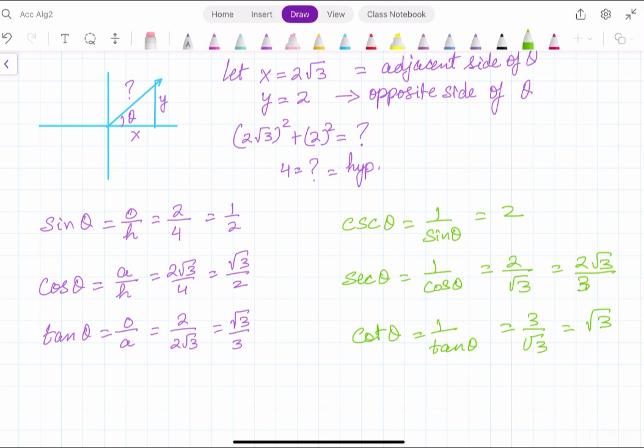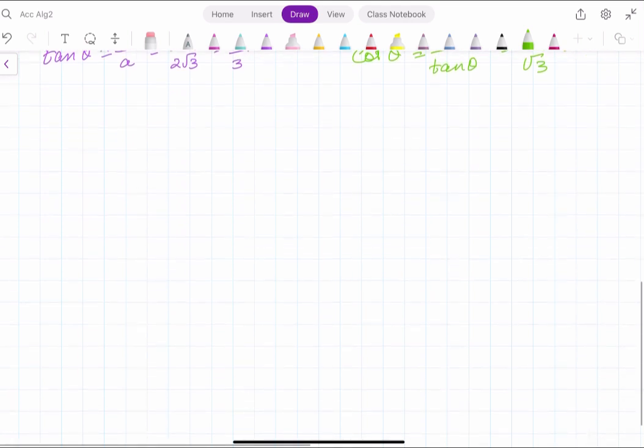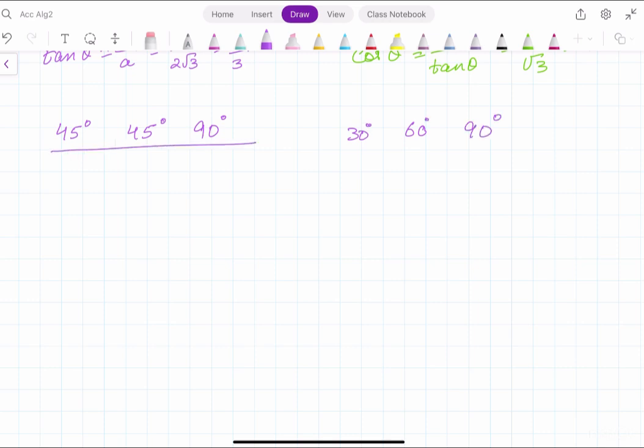Now, keeping that in mind, we need to use the trig identities. Before that, let's go back and discuss the special right triangles. You have done 45, 45, 90 and 30, 60, 90 triangles in your geometry. So I like to make a table out of it so that I can write all the values correctly.